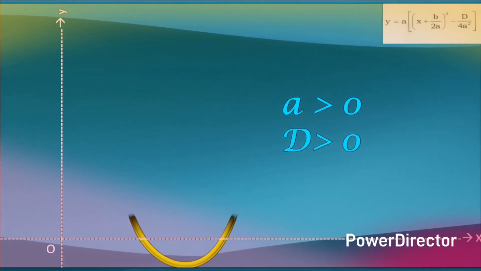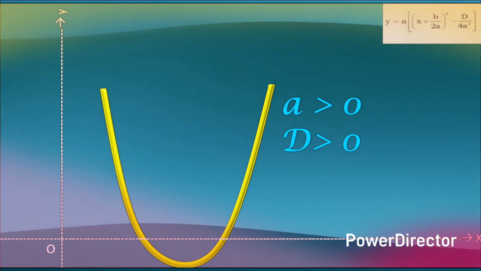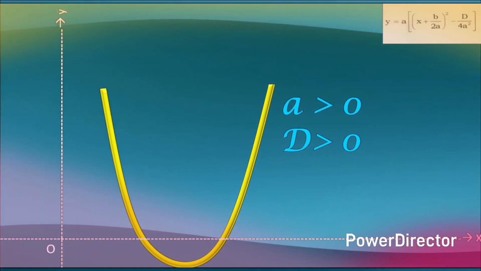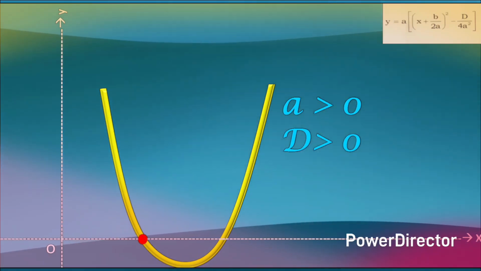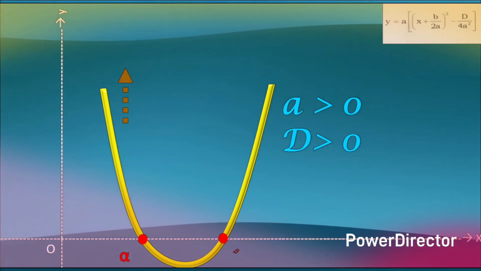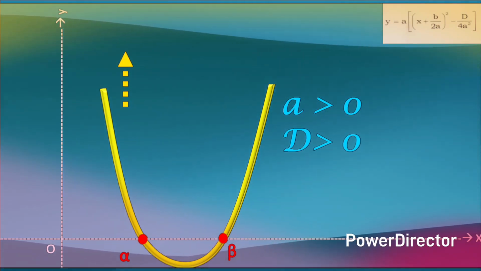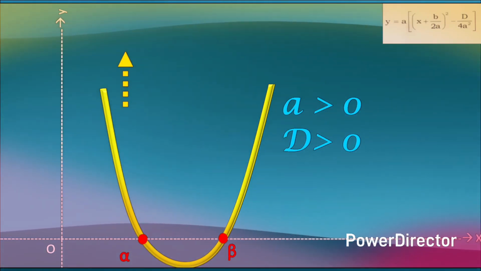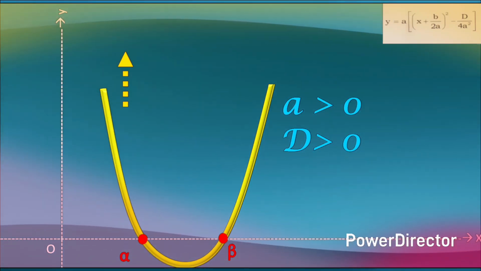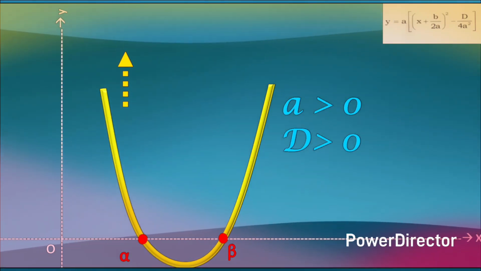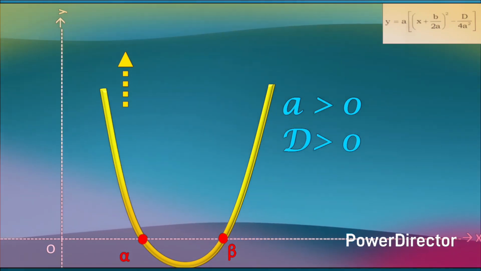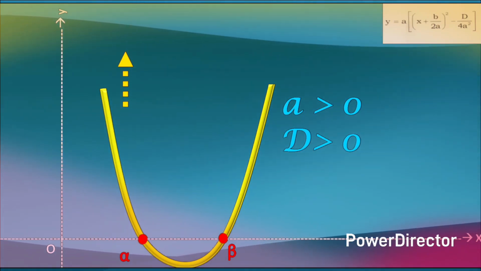Here the x-axis is cut by the parabola at two different places, one is alpha and the second one is beta. Again the curve is going in the upward, positive direction of the y-axis, but you can see some lower portion of the curve is showing towards the negative direction.